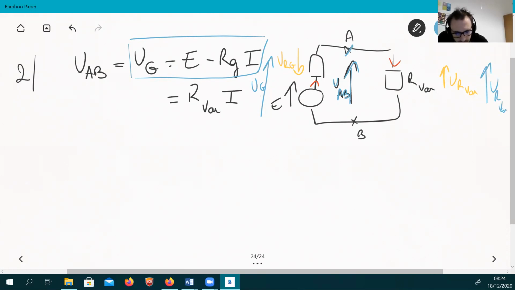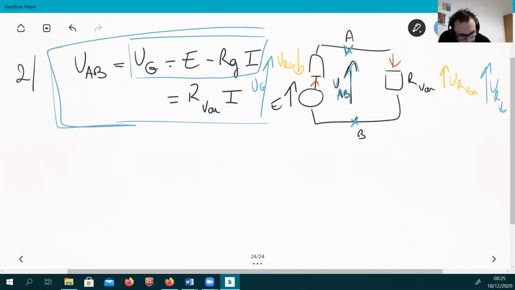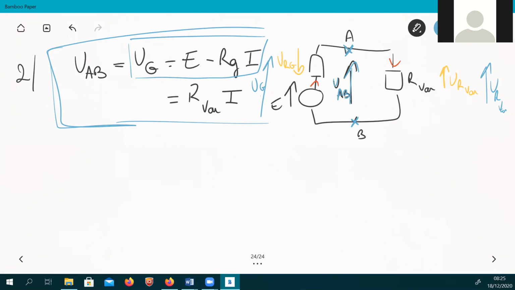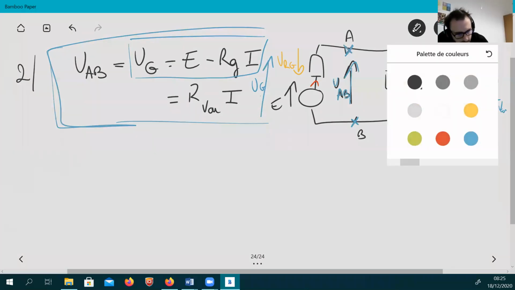Because they are all considering these two nodes A and B. That's why I wrote here the final answers. This is straightforward. Oh, but between UG and E, is it a minus or an equal sign? Oh, sorry. Yeah, no, it's an equal. Sorry. Oh, okay, I was confused. Yeah, thank you.